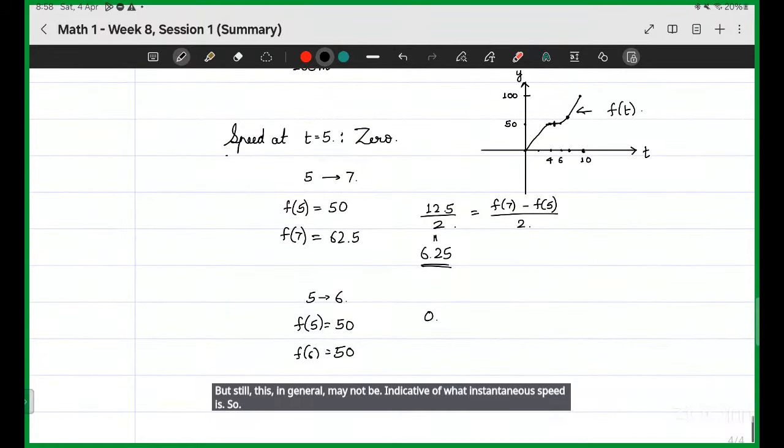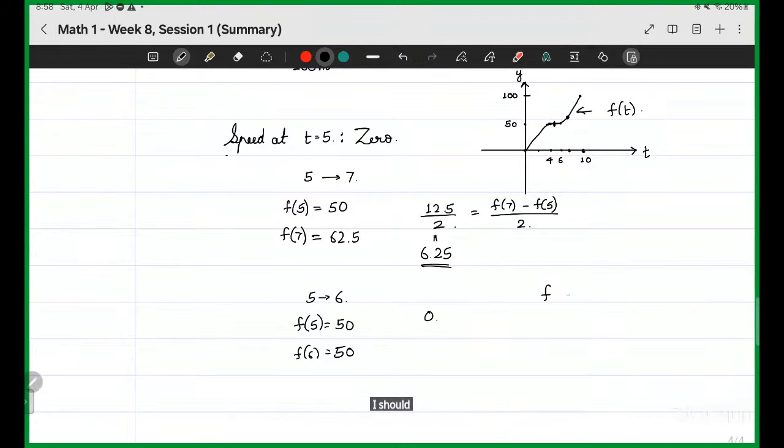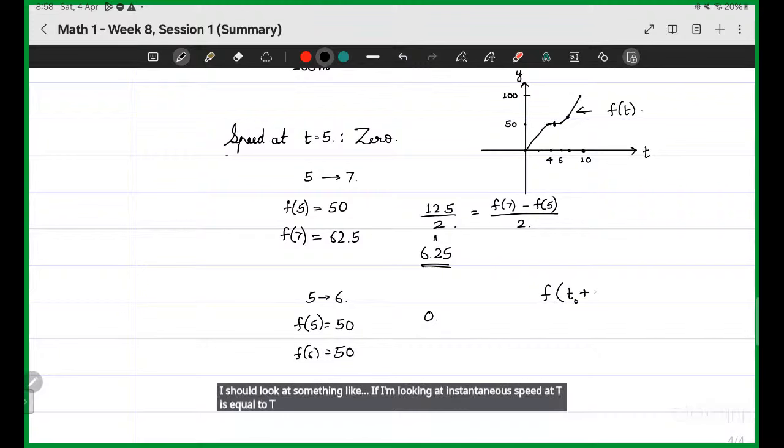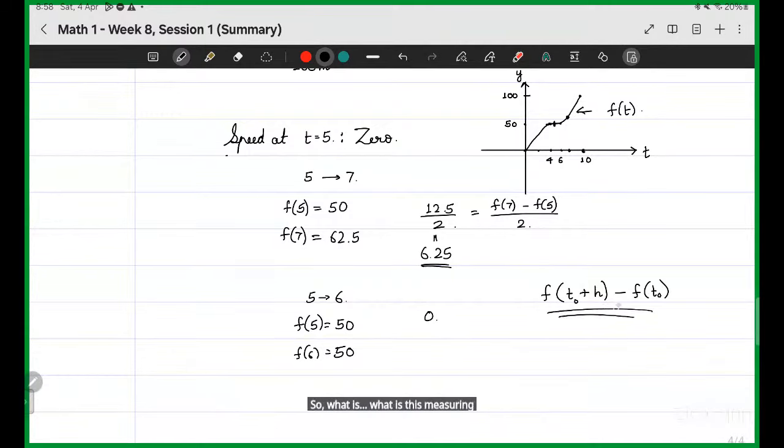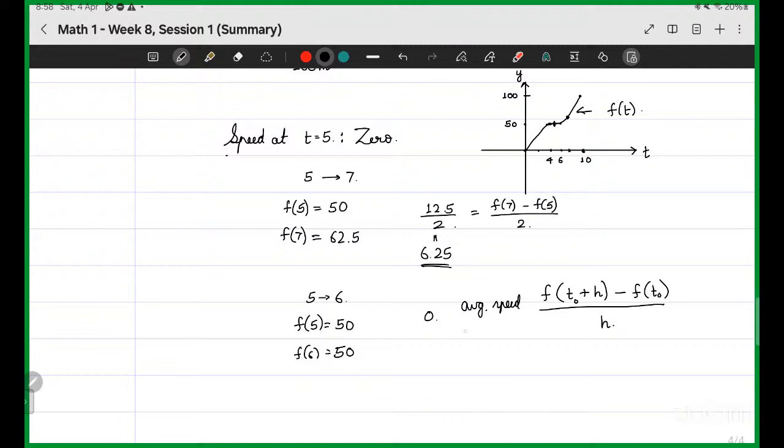So in order to get instantaneous speed, what should I do? If I'm looking at instantaneous speed at t is equal to t naught, I'll take some step further, and then I'll do this. So what is this measuring? This is measuring the distance that I traveled from t naught to t naught plus h. Now, if I divide it by the time difference, that is just h, right? This would be the average speed from t naught to t naught plus h.